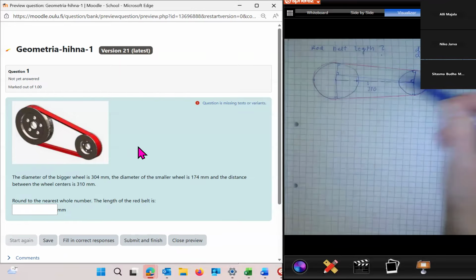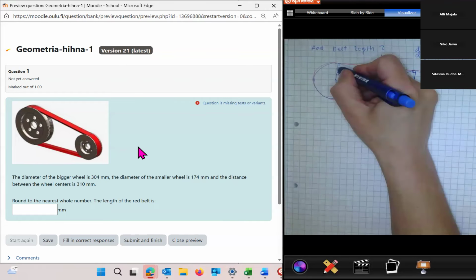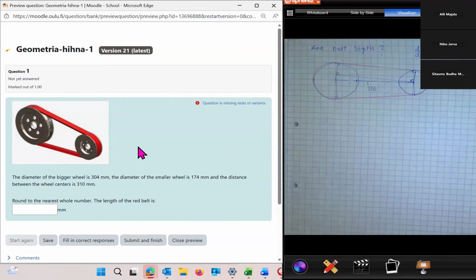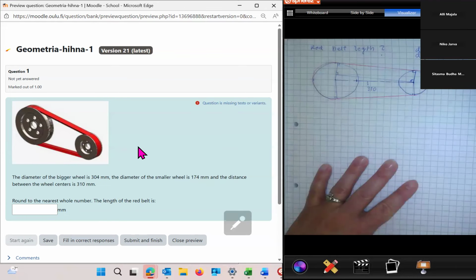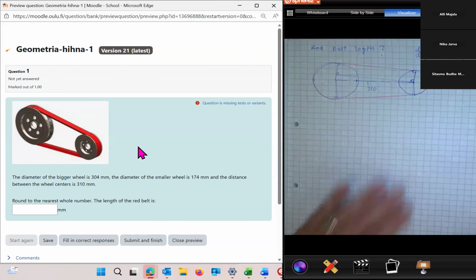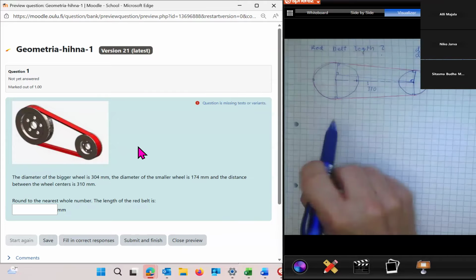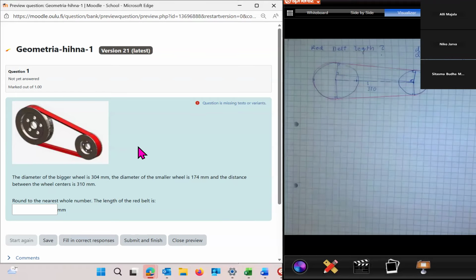And of course, then this I know as well because it was the radius of the smaller circle, which would be 87. So this whole thingy here was the diameter 2, which is 174, so the radius is 87.